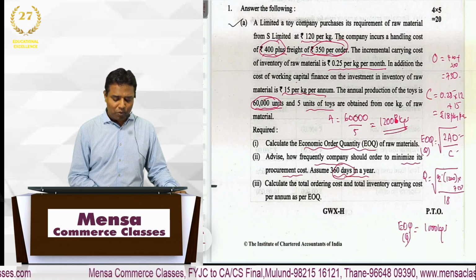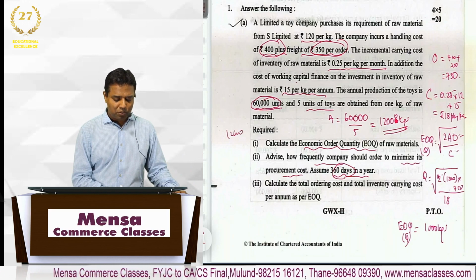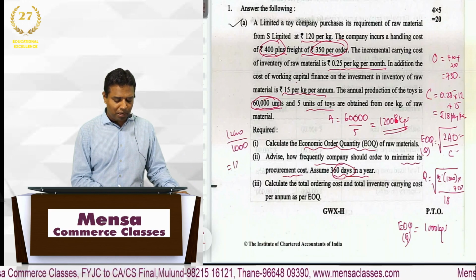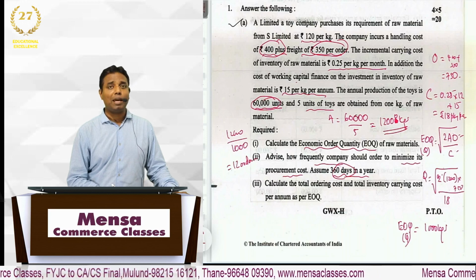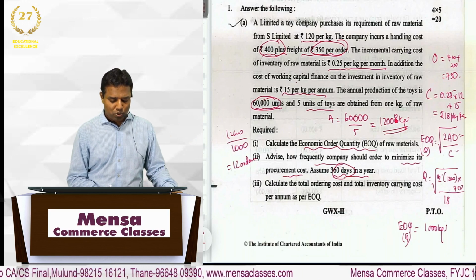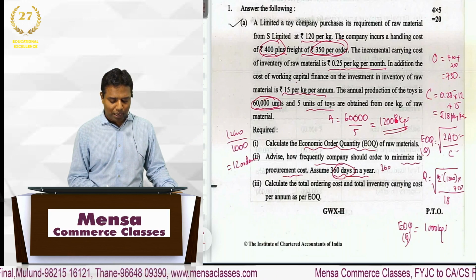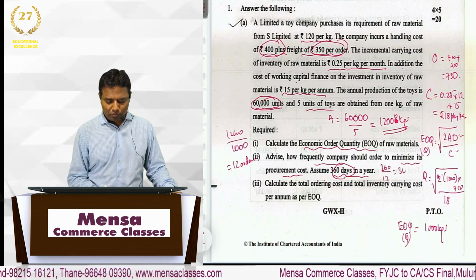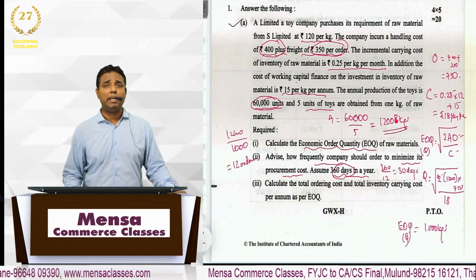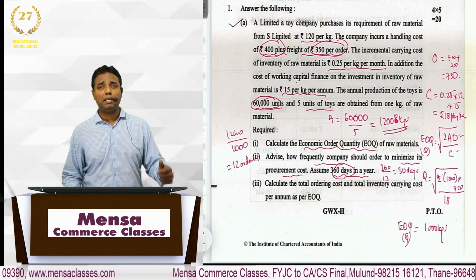So requirement is 12,000 kgs, and for one order 1000 kgs. So in the whole year, how many orders will they place? They will place 12 orders. So in 360 days, if they are going to place 12 orders, it will be 360 divided by 12, that will come to 30 days. So every 30 days they need to place an order.